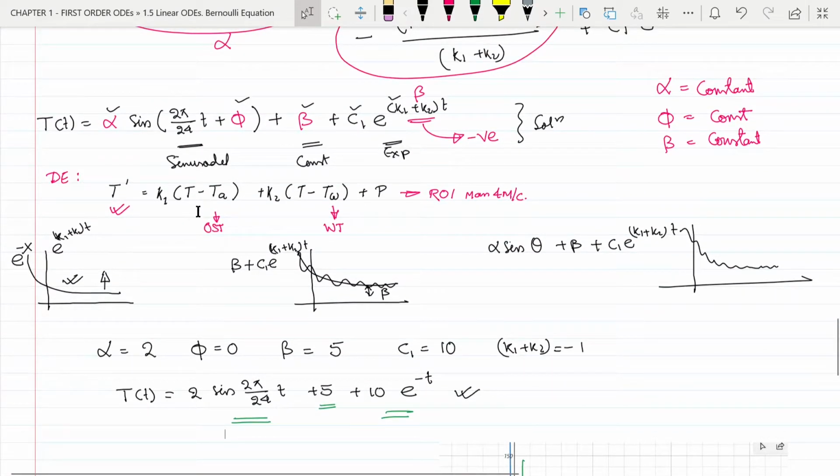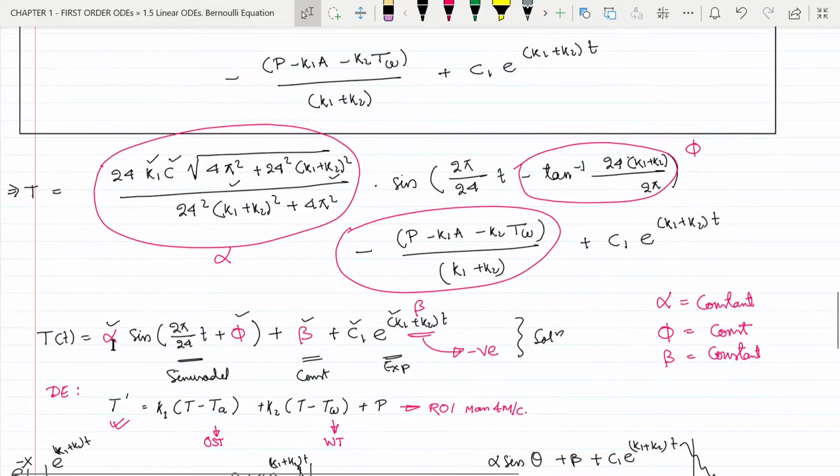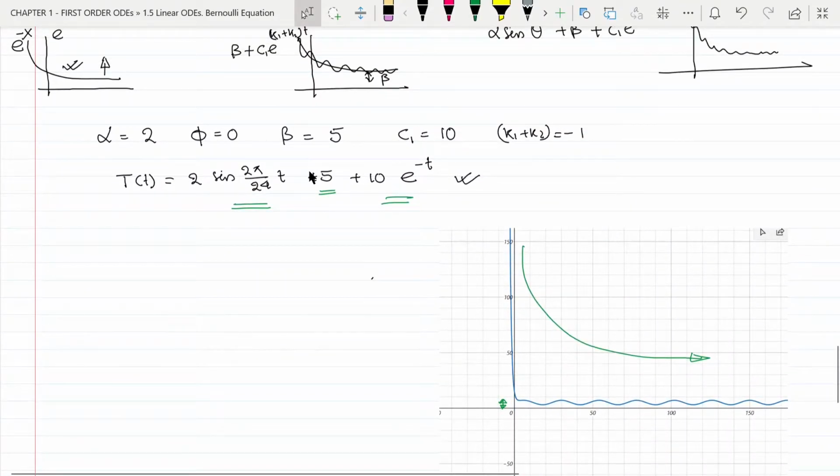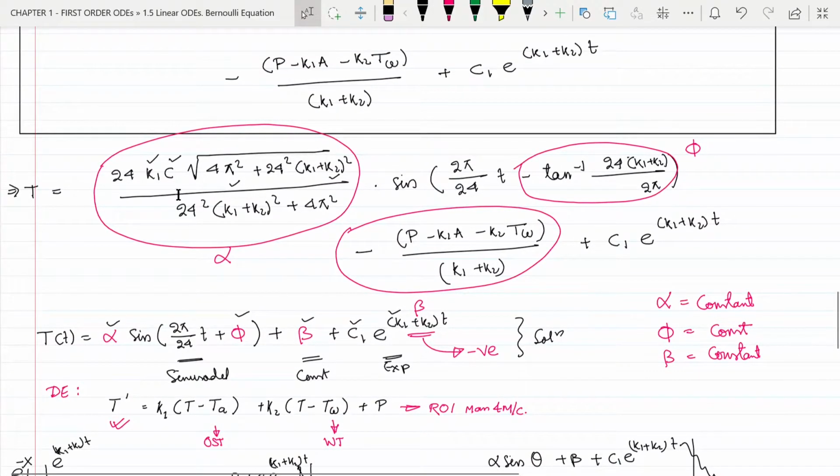There are various terms such as t, ta, k1, k2, t omega, p, etc. And we can see that alpha is a function of k1, c, k2, all these terms. So alpha is a function of k1, c, k2, these three terms.